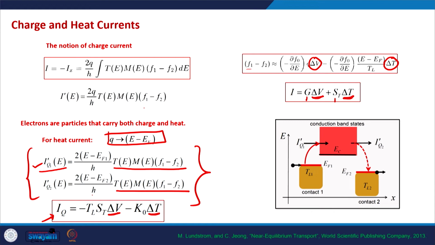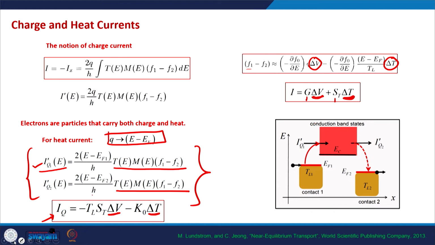So far, to quickly summarize, when we talk about temperature difference across a semiconductor, we need to understand that there will be a notion of heat current as well apart from the charge current, and both depend on the applied voltage delta V and applied temperature difference delta T. From these ideas we will come to the Seebeck effect and Peltier effect later on.